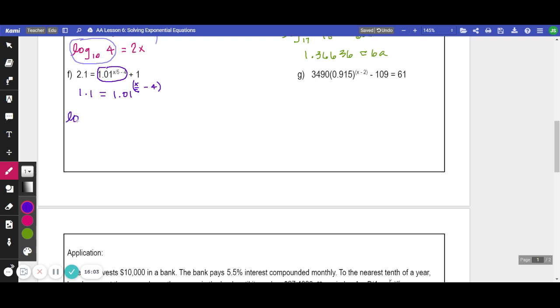So log, the base, the number that has the power, is the base of the log, 1.01. Logs equal exponents, so the exponent is on the other side of the equal sign. And then that leaves the 1.1 right here. So log of 1.1, remember, log of the big number divided by log of the base.